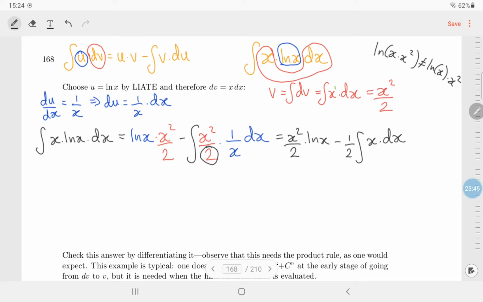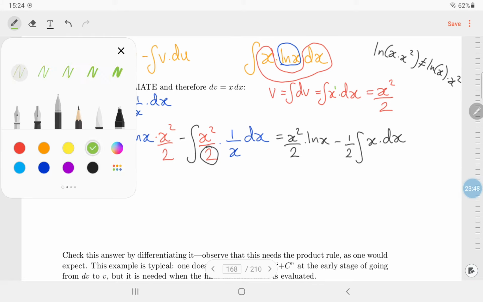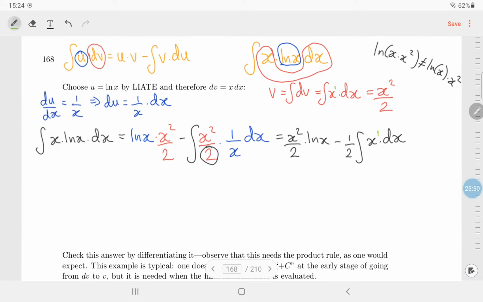And that can be anti-differentiated because it's just x to the power 1. So we get x squared over 2 times log of x minus a half, and the antiderivative of x to the 1 is x squared over 2. Now we need a plus c here, but we can slightly tidy up by saying x squared over 2 times log of x, and then we've got a fraction by a fraction.